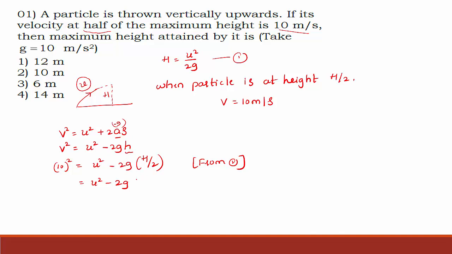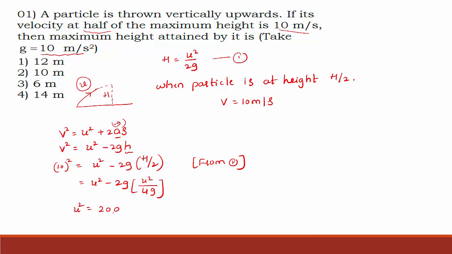So I can write in place of h, u square divided by 2g, and 2 into 2 will be 4g. Or we can write the final value u square equal to, after substituting all the values, in place of g we can write g equal to 10 meter per second square. It is given. Substitute all the values. We will get u square equal to 200.